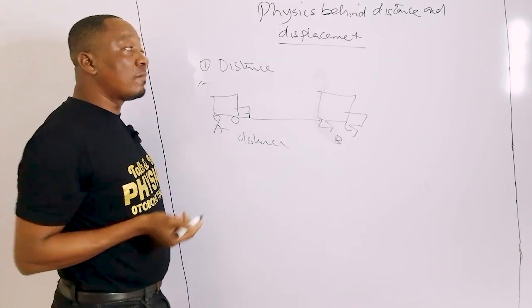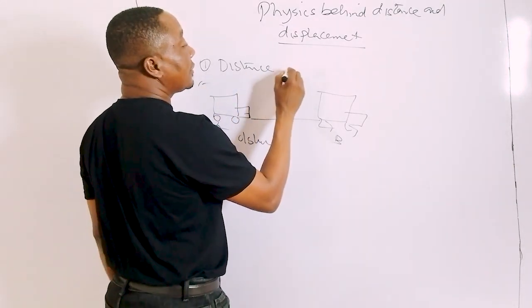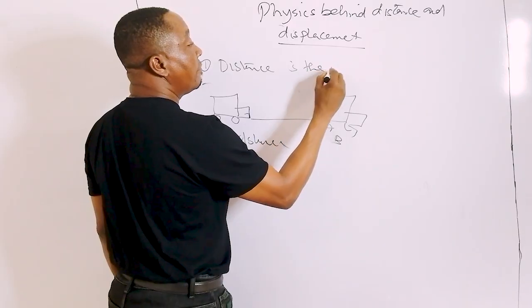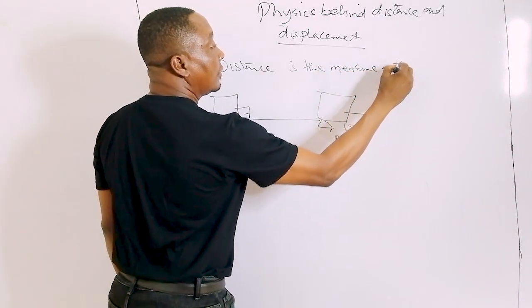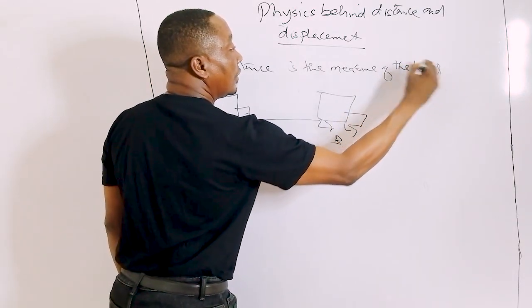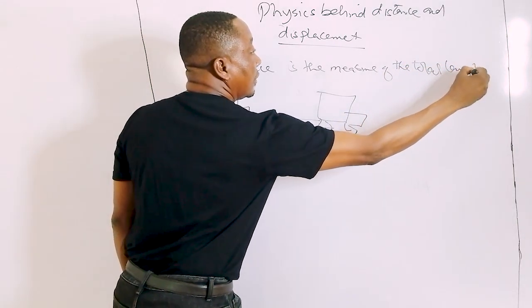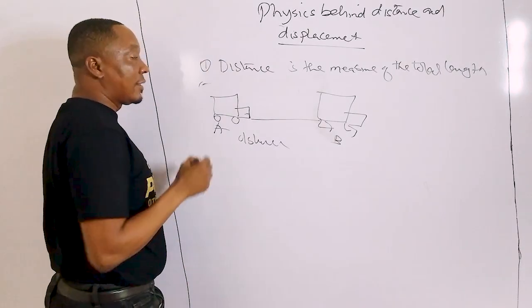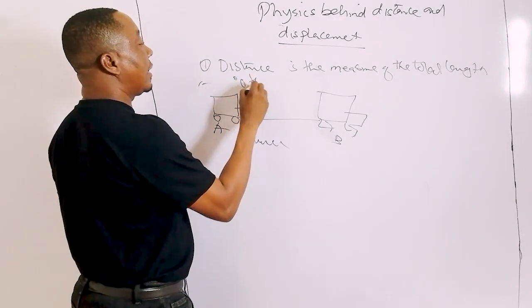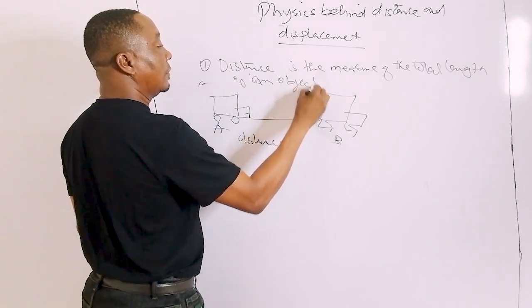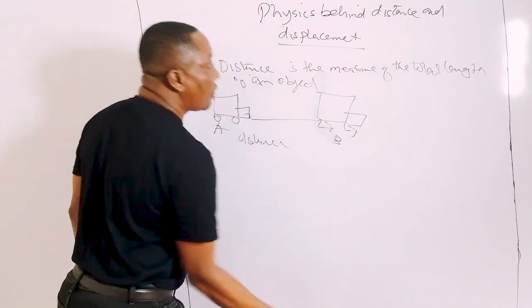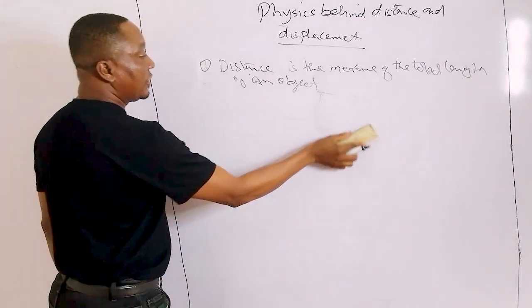In the real definition of distance, we will say distance is the measure of the total length of an object.